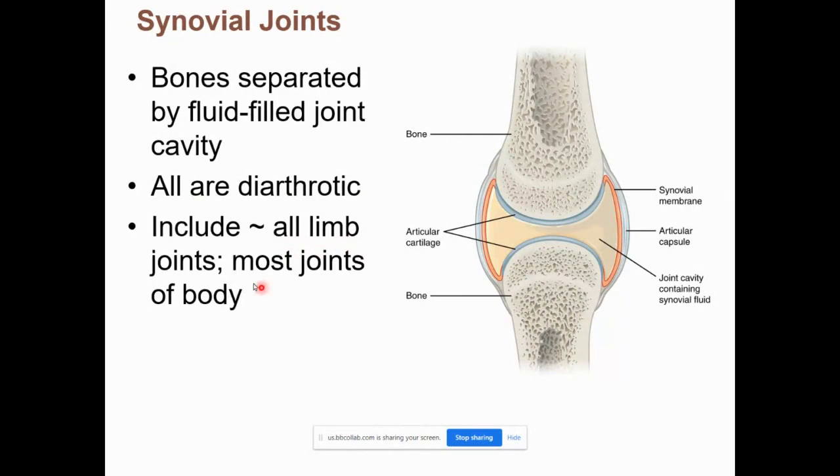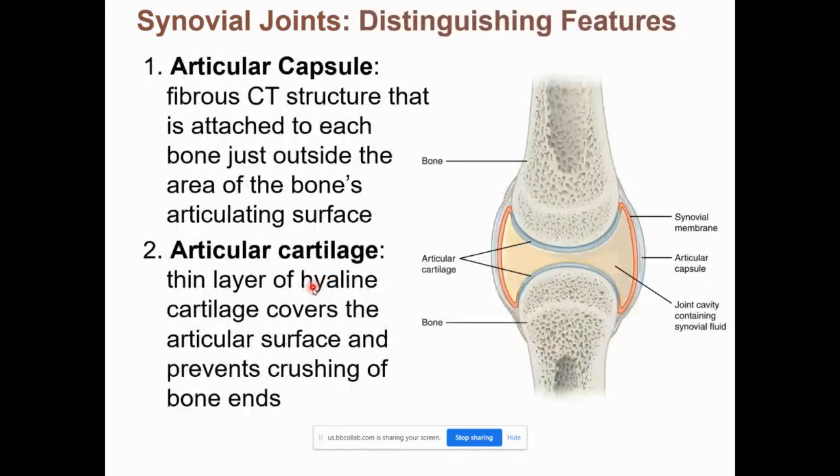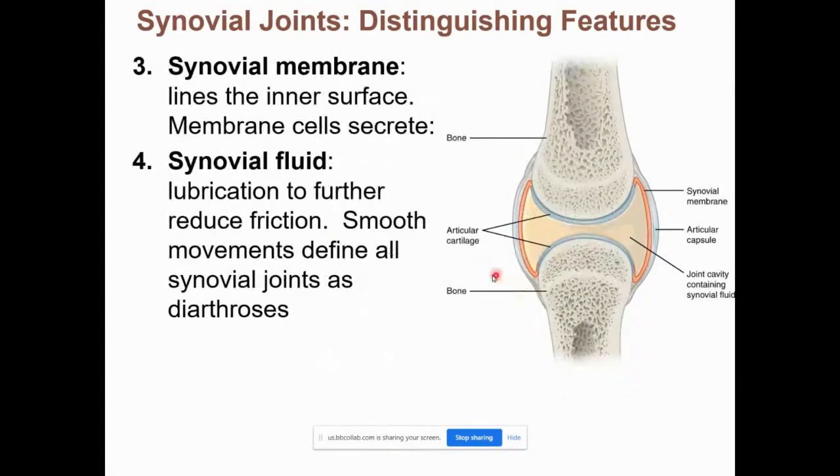All your limb joints, most joints in your body, except the ones we just named a little earlier, are synovial joints. So every synovial joint has an articular capsule separating inside from out. Articular cartilage, which I already mentioned, is hyaline cartilage protecting the ends of the bones that are articulating.